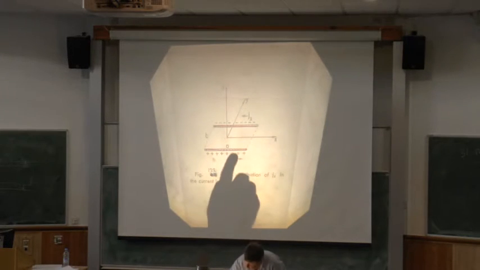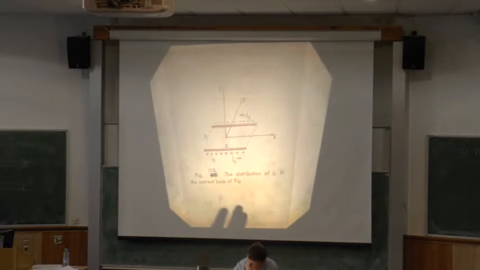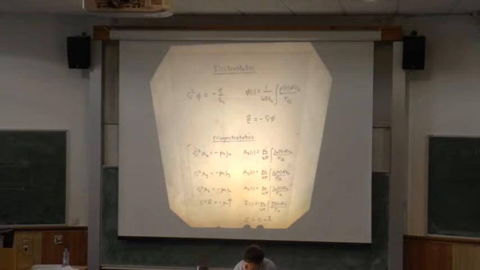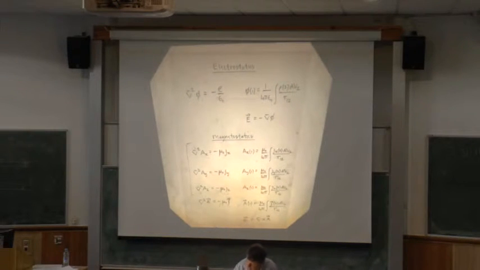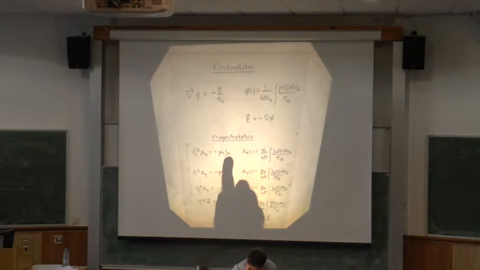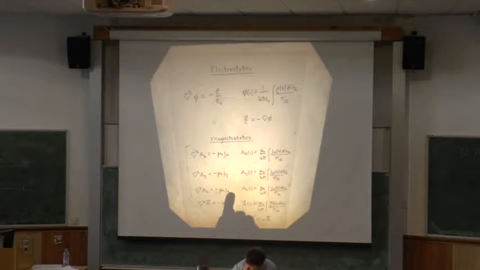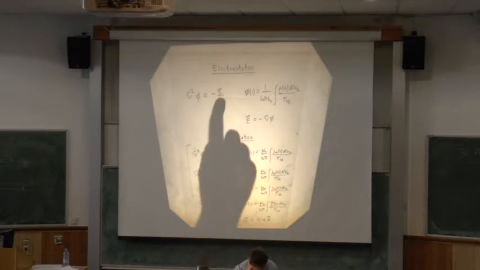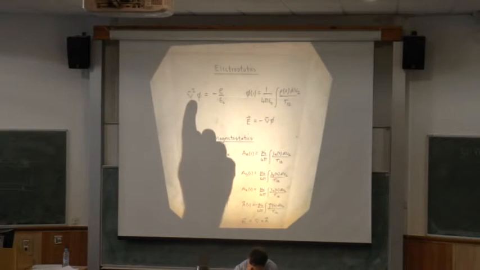Of course, the loop is not really charged at all. But it's a mathematical analogy between electrostatics and magnetostatics: the equations for the x, y and z components of the vector potential obey the same equation as Poisson's equation.